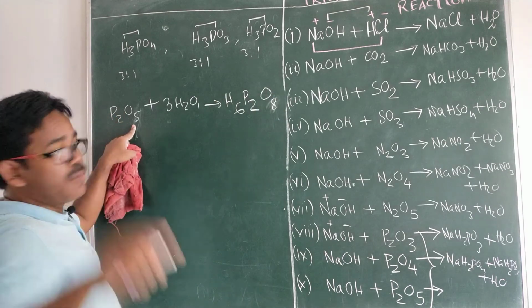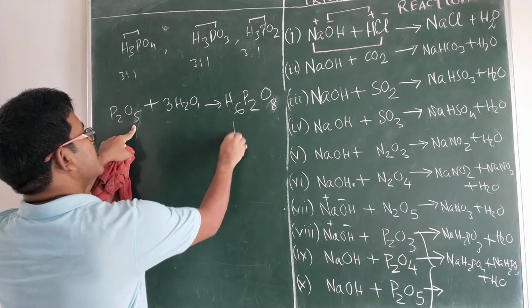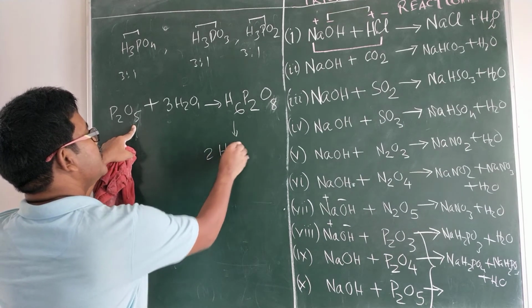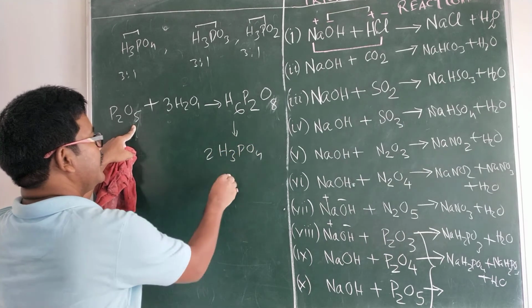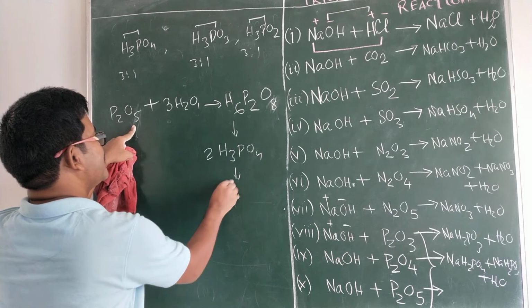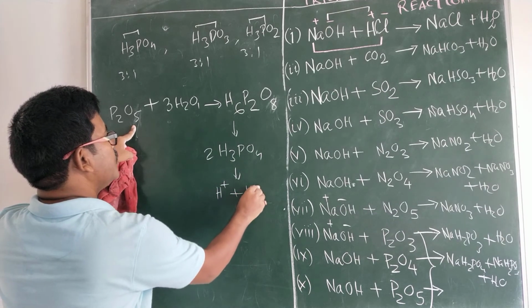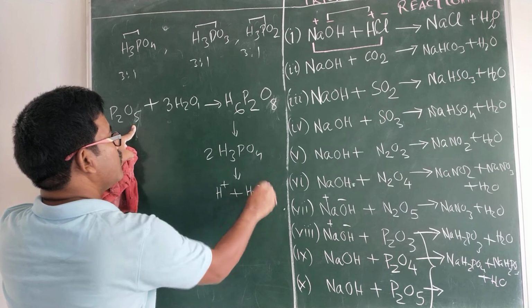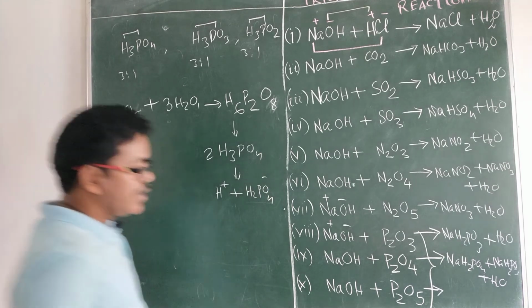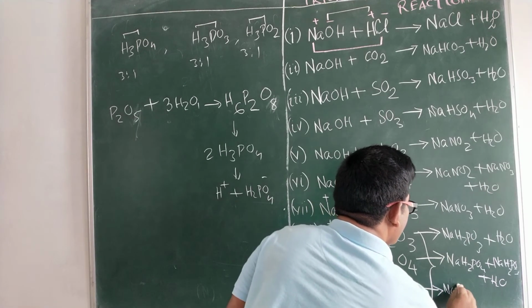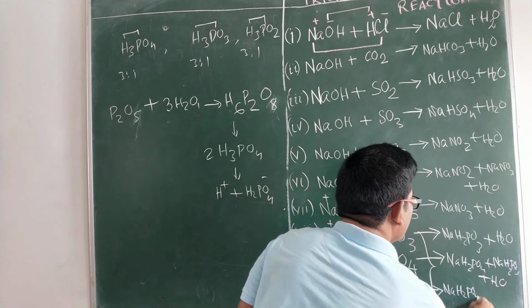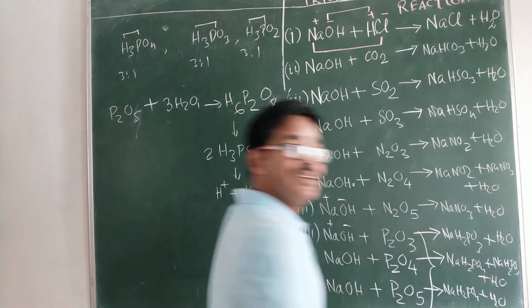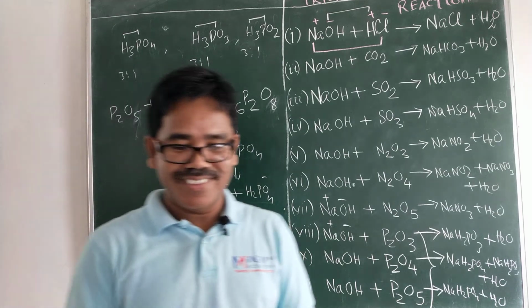Here 2 is a common factor, so I can write this as twice H3PO4. This H3PO4 I can write as H plus H2PO4 minus. The final product is NaH2PO4 plus water.